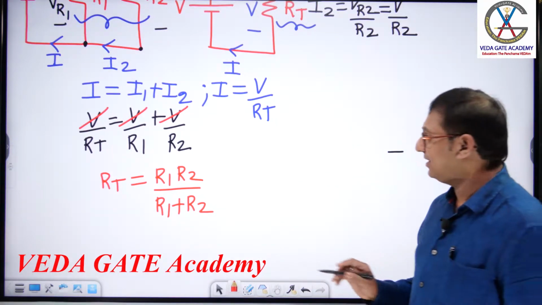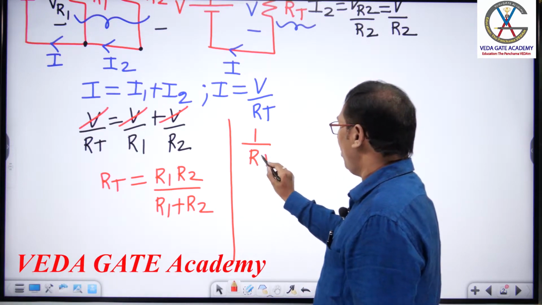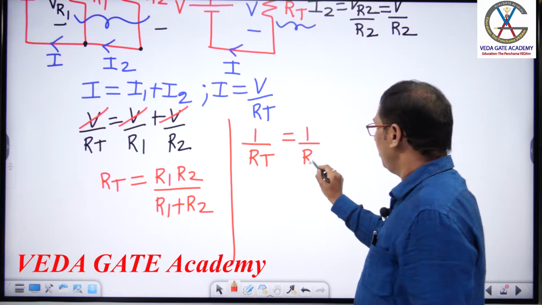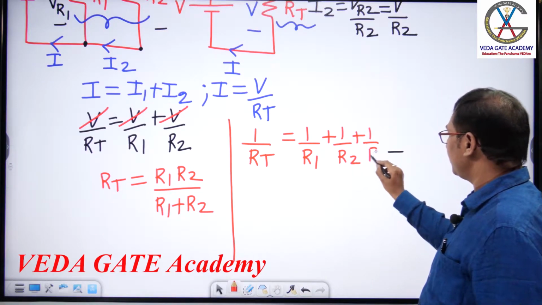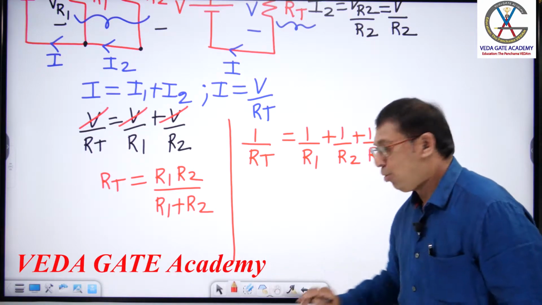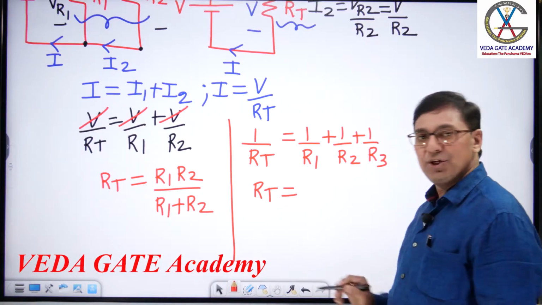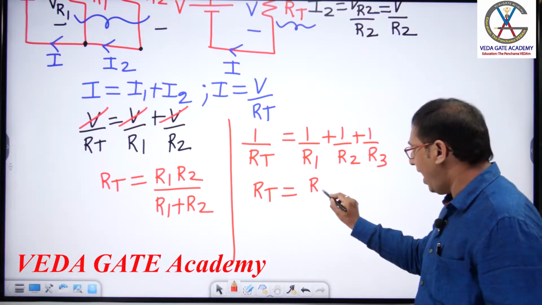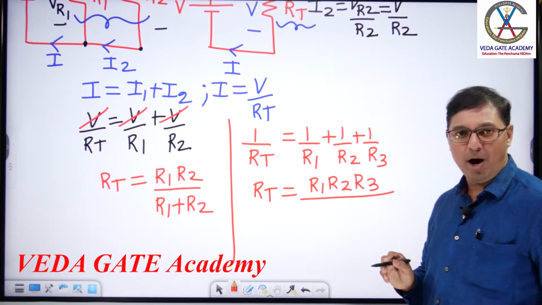Suppose three resistors are connected in parallel. How do we write the equation? 1 by RT equals 1 by R1 plus 1 by R2 plus 1 by R3. If you proceed further, RT value you get as R1 R2 R3 by, come on, what do you get?